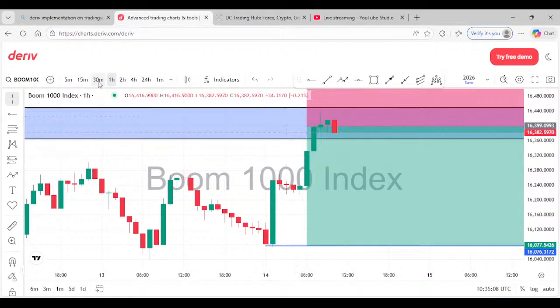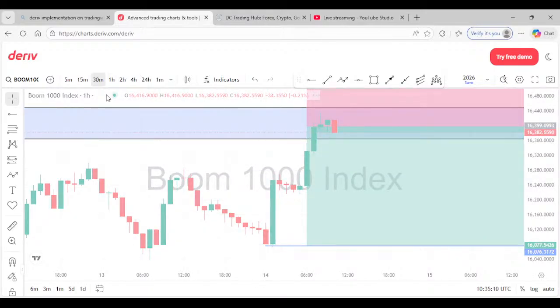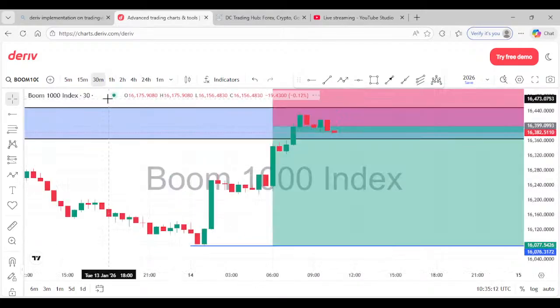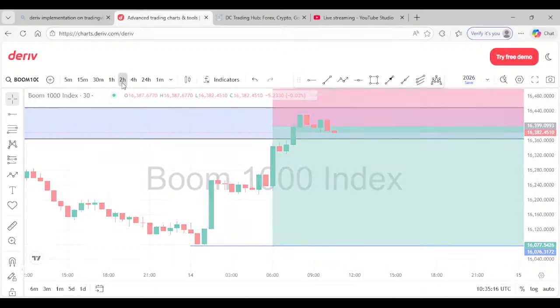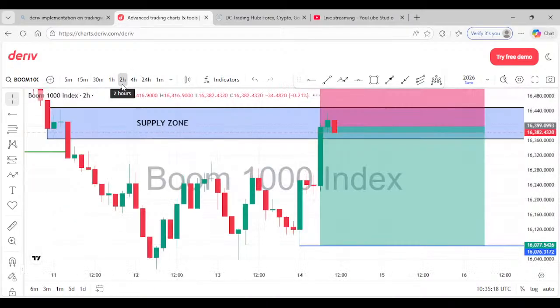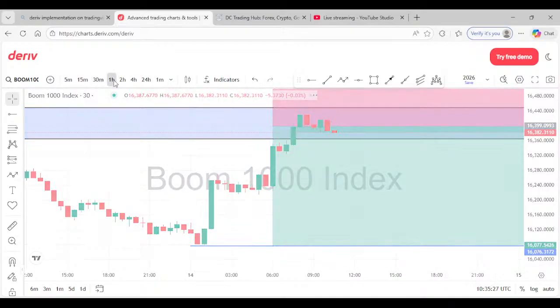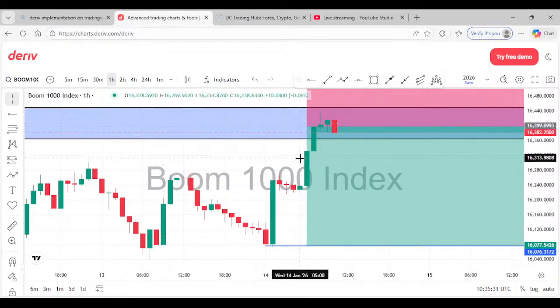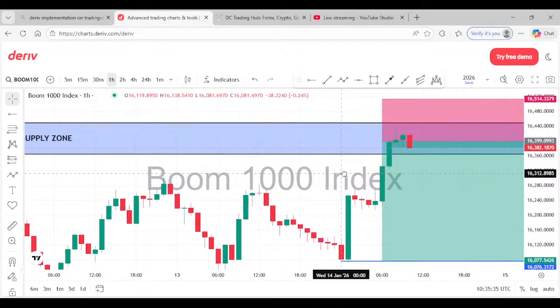If this candle on 30 minutes was taking place, I would be very, very happy if this hourly candle closes below this level here. We know we are good to go. We know we are safe.